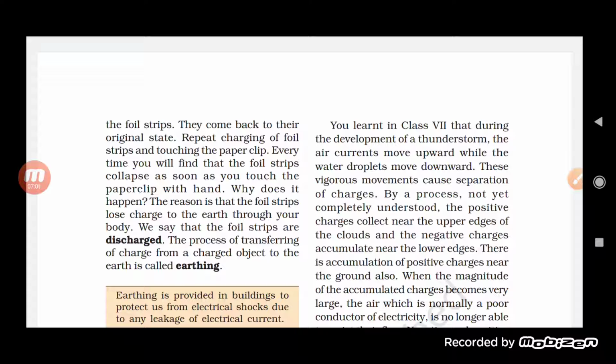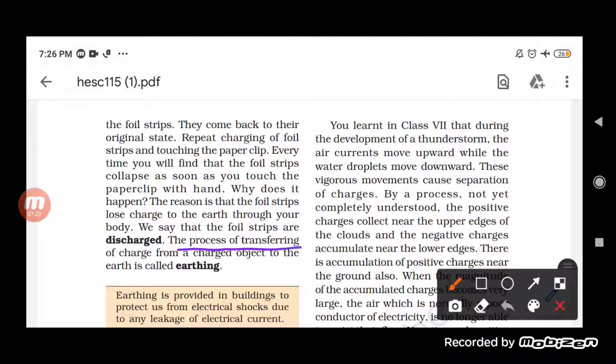So the vigorous movement causes the separation of charges. In a thunderstorm, air current generally moves in the upward direction, and water droplets generally move in the downward direction. So we can say here, what is earthing?